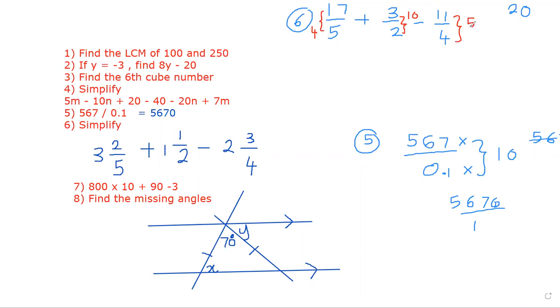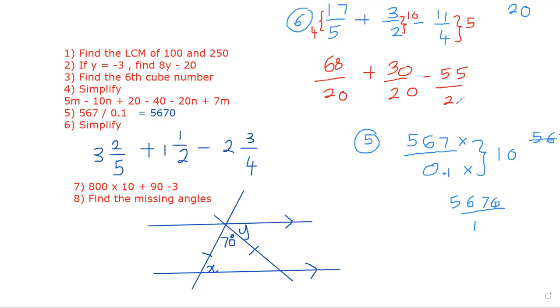So that is the first step you have to do. Then 17 times 4. 17 times 2, it's 34. Then you are getting 68 divided by 20 plus 3 times 10. It's 30 divided by 20. And 11 times 5, it's 55 divided by 20.